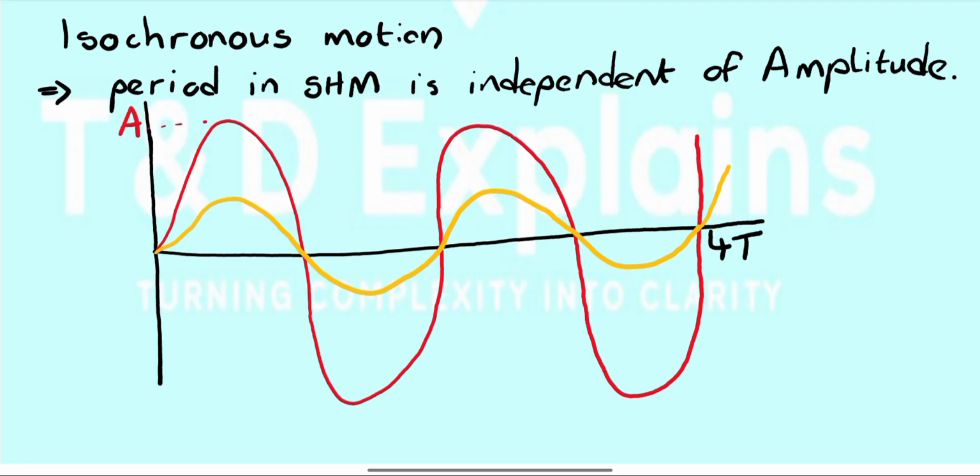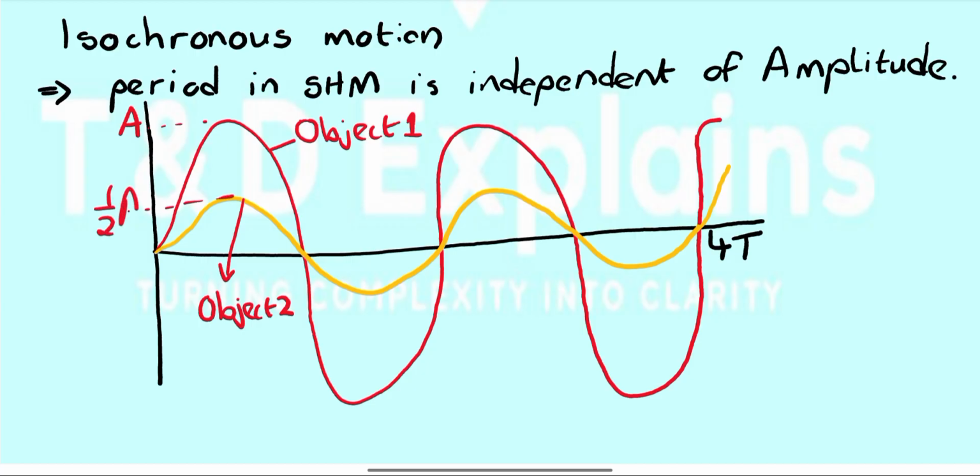So this is what we call simple harmonic motion. Let me call the one that I indicated in red object 1, and call this one object 2. Its amplitude is half of the one for object 1. You can see that the amplitude for object 2 is lower than the amplitude for object 1, but they are moving at the same time.